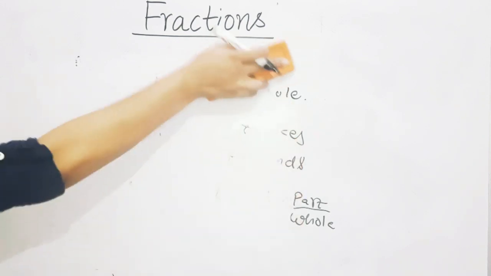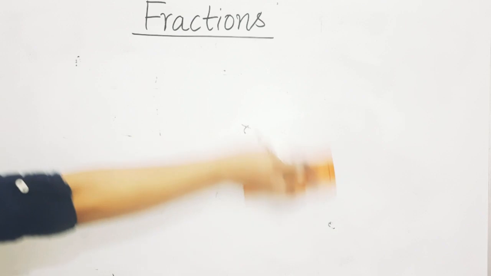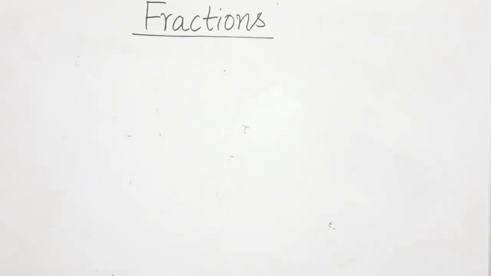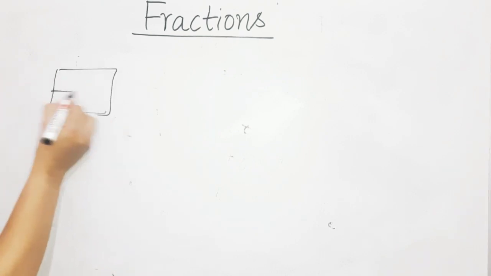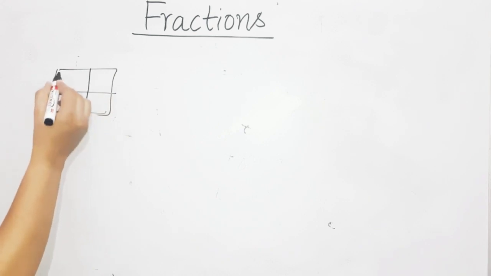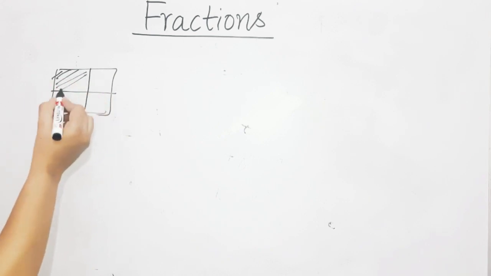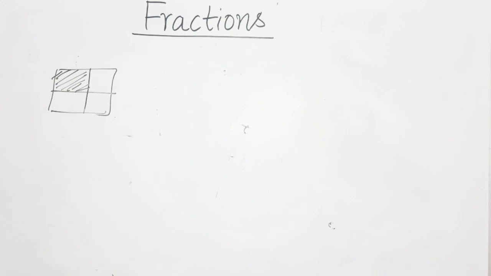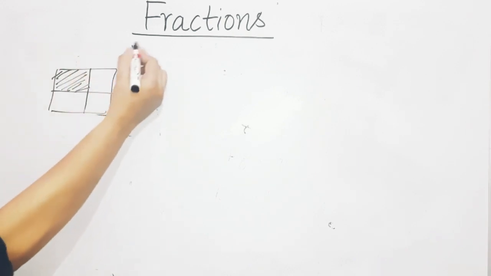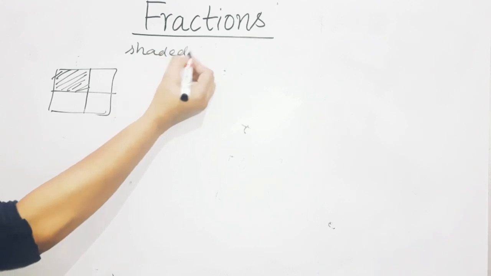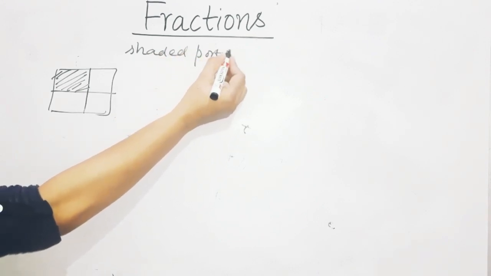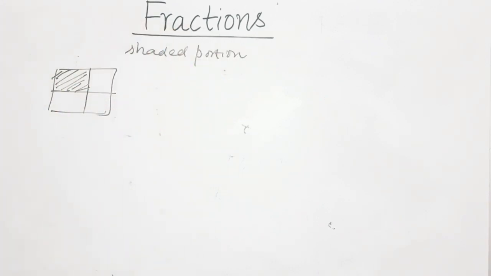Now how do we represent fractions? We represent fractions as part upon whole. See, if I am drawing a figure, for example, I have drawn this figure and divided it into 4 parts and I am going to shade this one part. If I ask you to write the fraction for the shaded portion, how will you write?